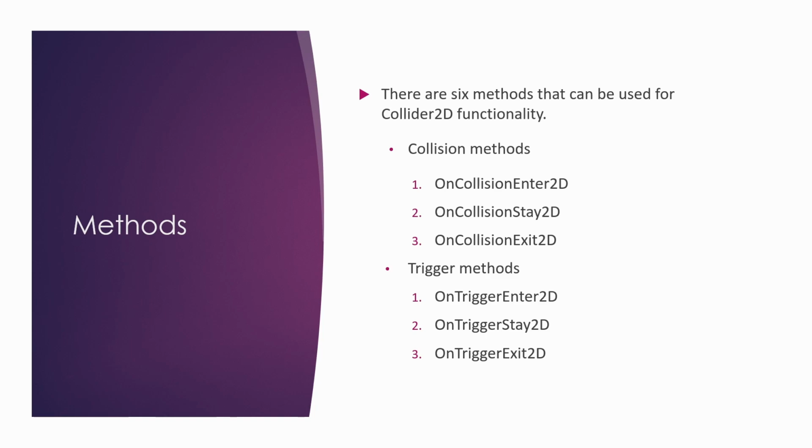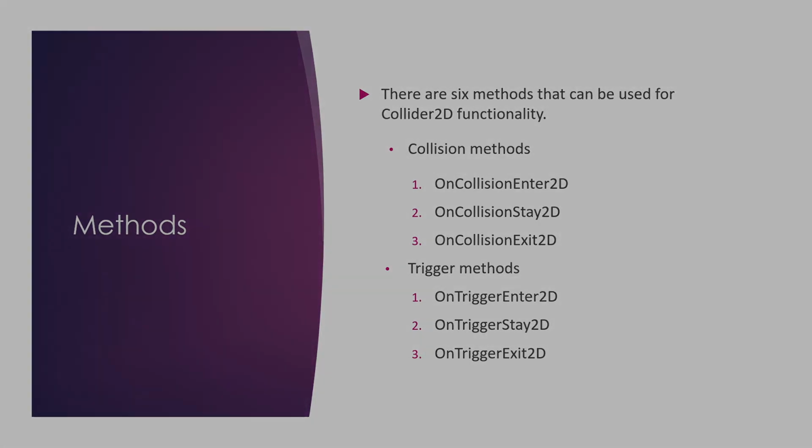And they only occur when one of the Collider2Ds that have a Rigidbody2D enter a collider that has had its isTrigger boolean set to true. Just honestly looking at the methods, you can tell that due to their naming, they're all pretty self-evident.